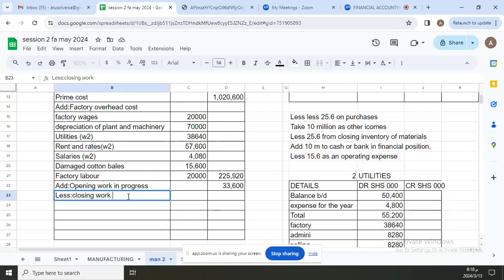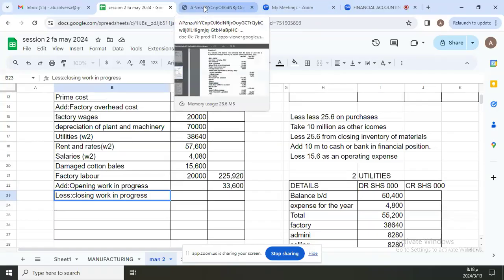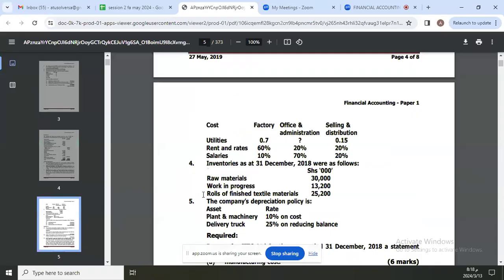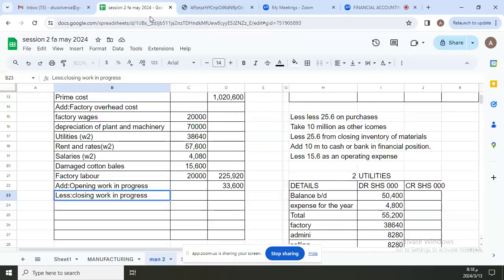How much is our closing work in progress? Closing balances are given in the additional information. You see here, work in progress as at 31st of December 2018, it is 13,200. So we write 13,200.